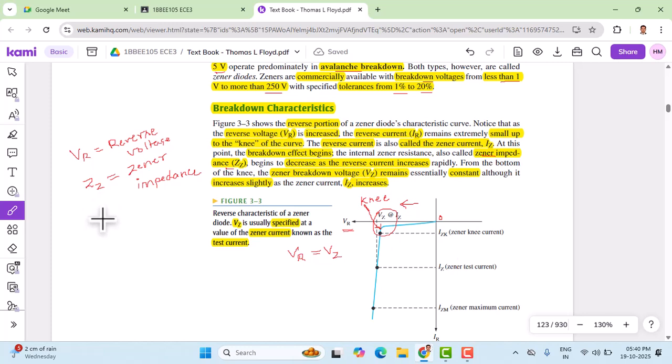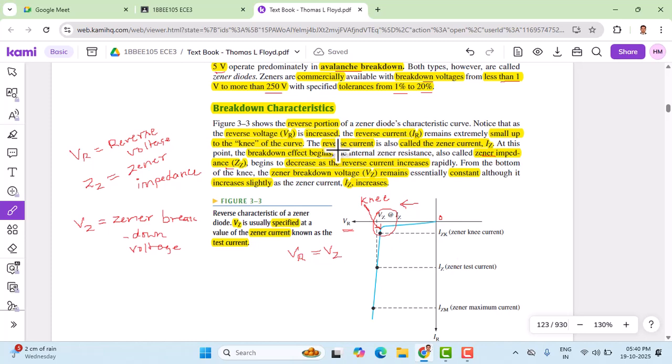The Zener breakdown voltage is indicated as VZ. VZ indicates the Zener breakdown voltage; that is the representation here.